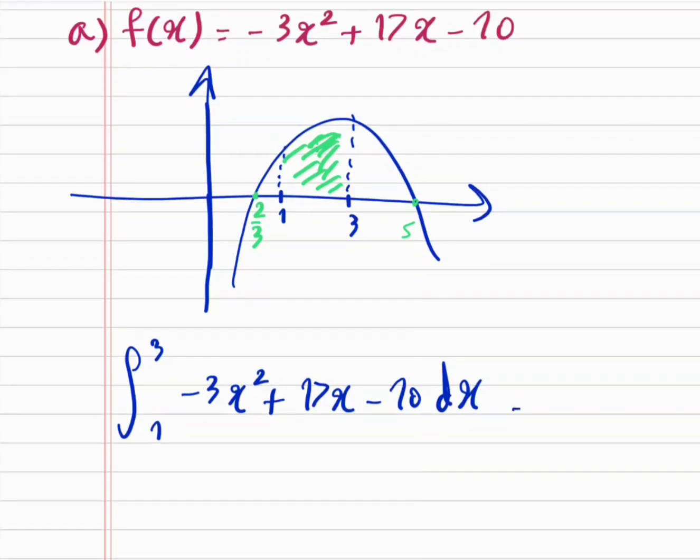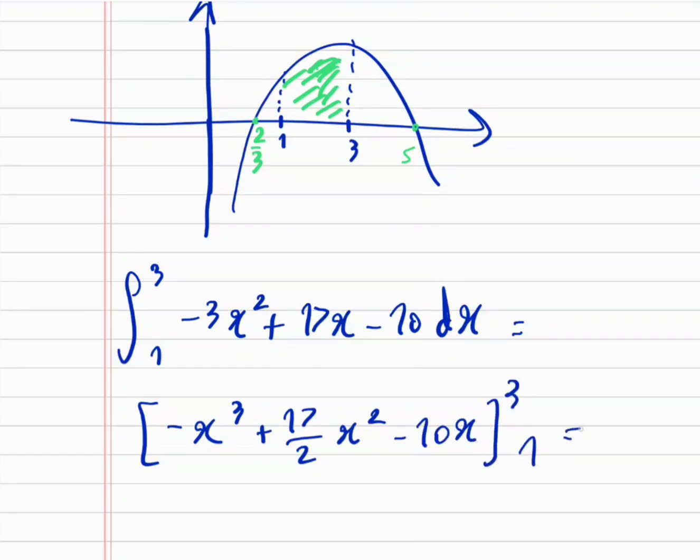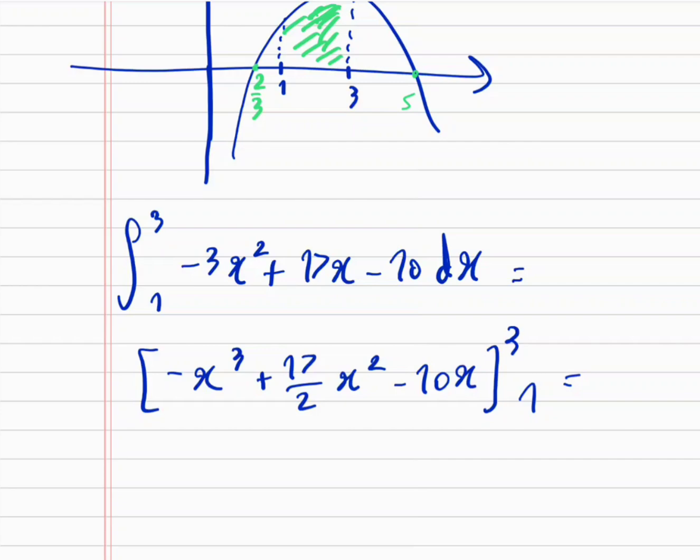Now it's just a simple integration, and it's a definite integral because we want to know the value. The value is the area. So we get minus x cubed plus 17 over 2 x squared minus 10x, between 3 and 1. So we just substitute each of these values, and then we can find the area.